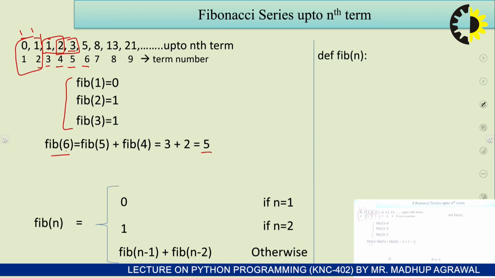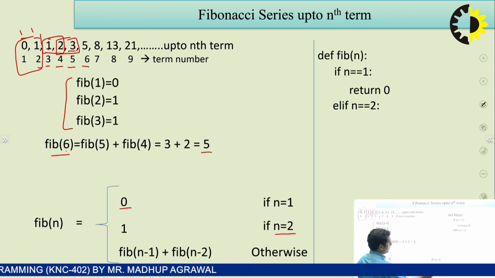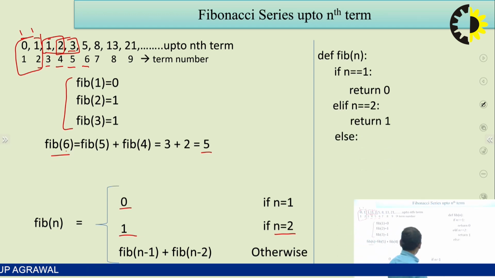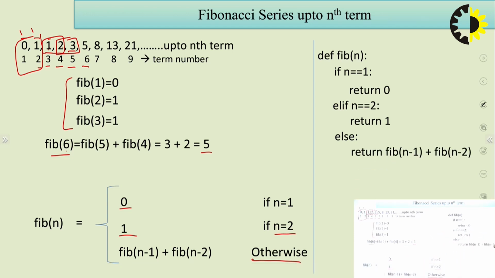Just convert it into code. Fibonacci, as in the previous case, has two base cases: if n equal 1, then return 0. Else if n equal 2, return what? Return 1. Otherwise, in the else part, return this one.